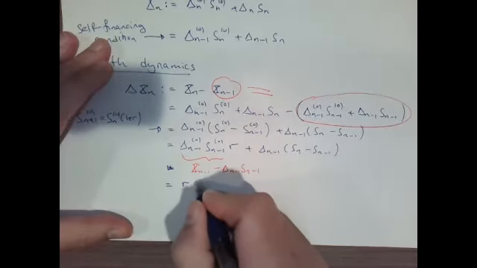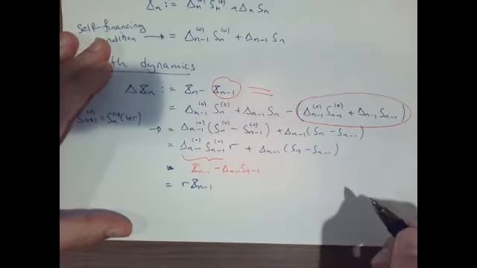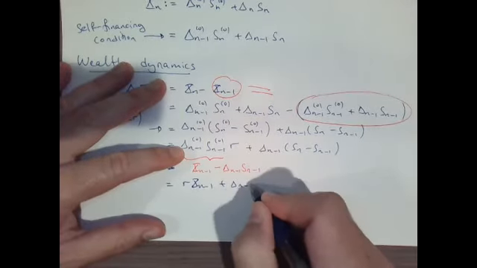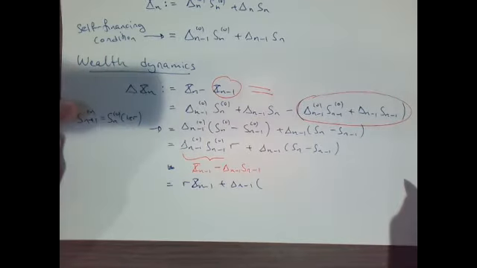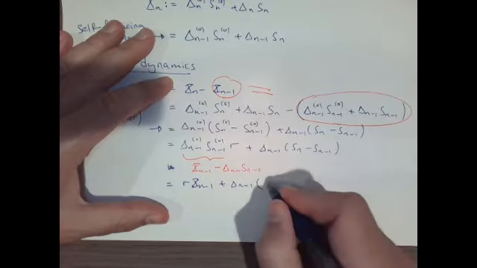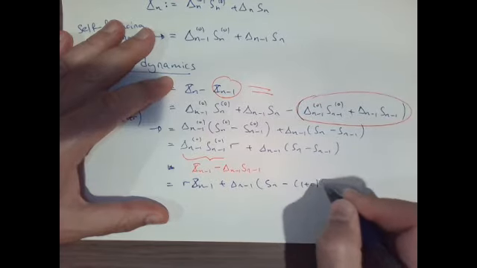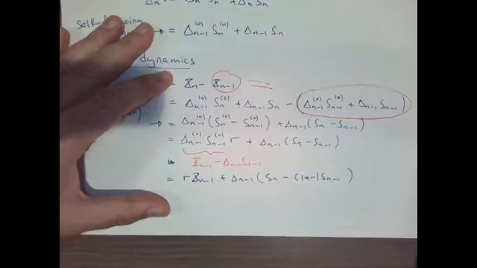I'll have this as R x_{n-1}. And then I'll have my delta_{n-1} outside. Inside, I'll have S_n minus S_{n-1} plus R S_{n-1}.